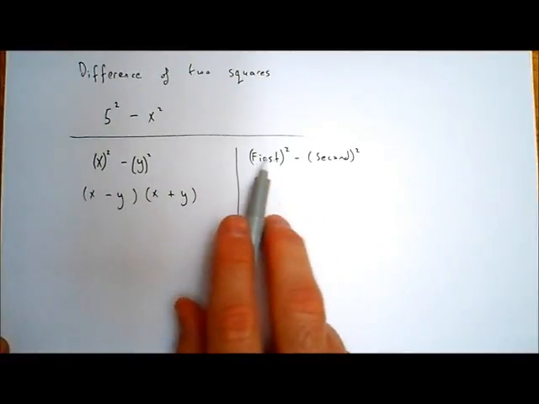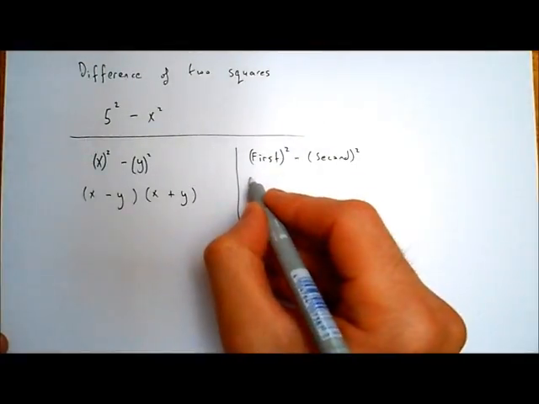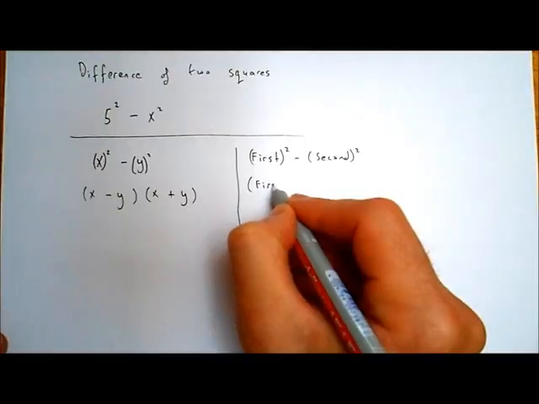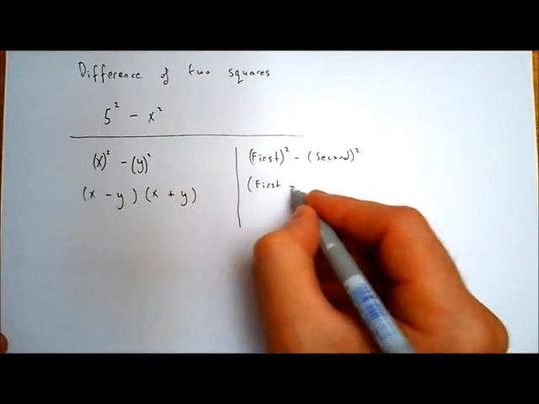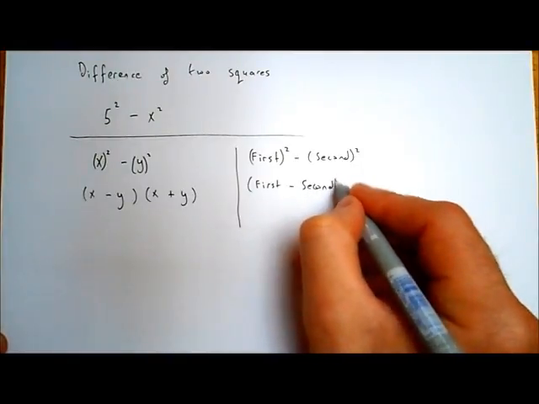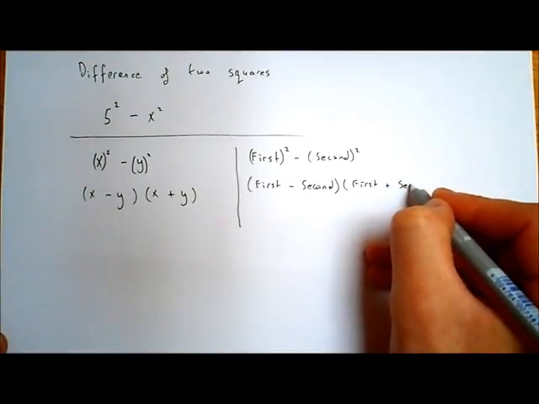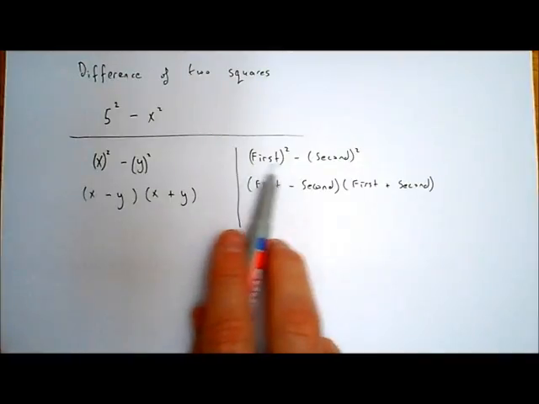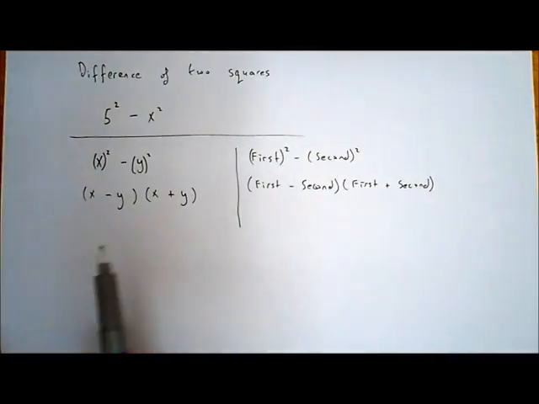In order to factorize that, it's always going to be the first, whatever the thing in brackets here is, minus the second, multiplied by the first plus the second. The first is whatever the first thing is in brackets here, and the second is whatever the second thing is in brackets here.